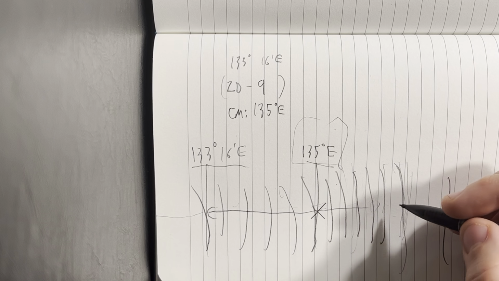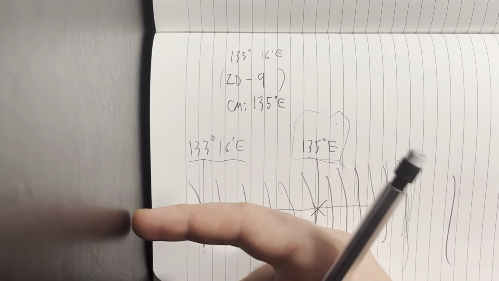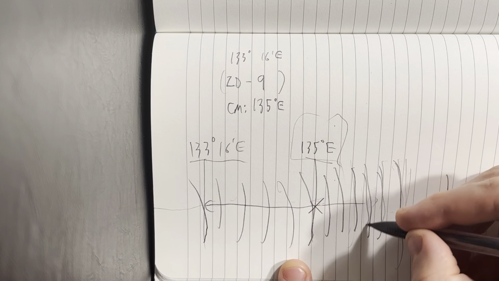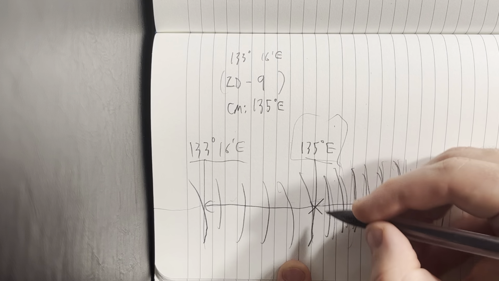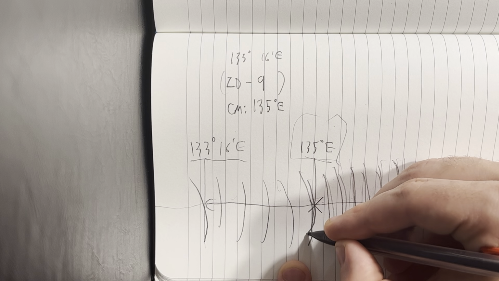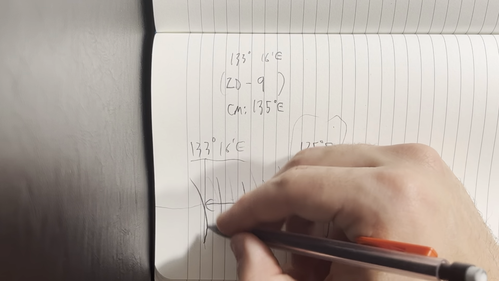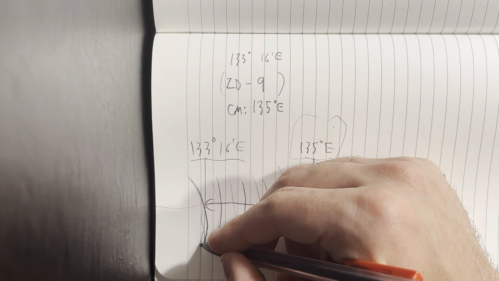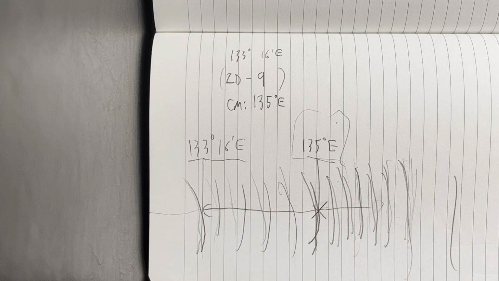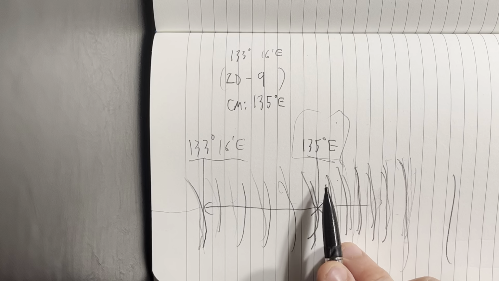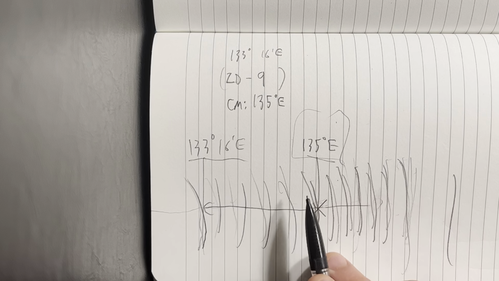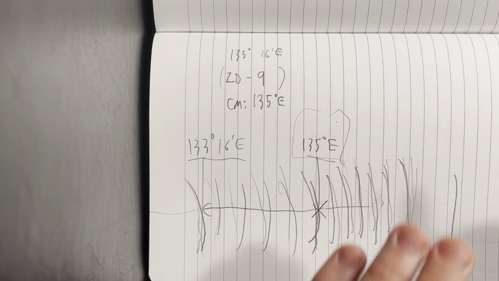Then as the sun moves further away, way off this way, it's going to continue closer and closer and closer until sunset finally happens at 135 degrees east, and then continues on and on until finally sunset happens at 133 degrees east. So we know what's happening first at our central meridian, meaning that all of our times are going to be later in the day.